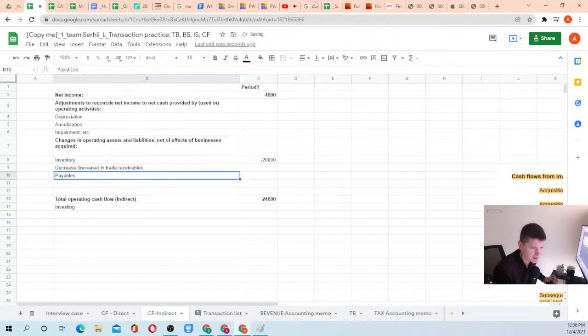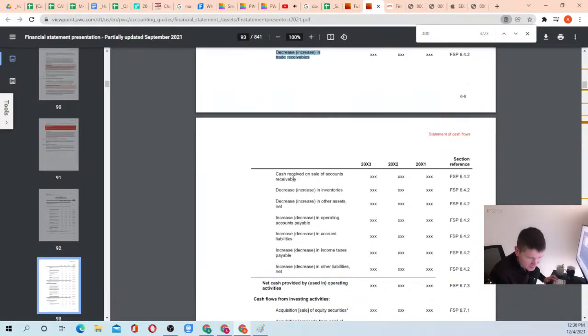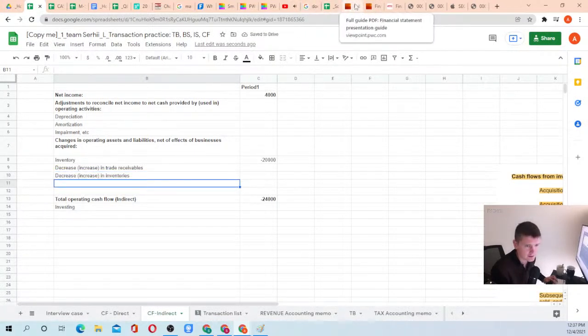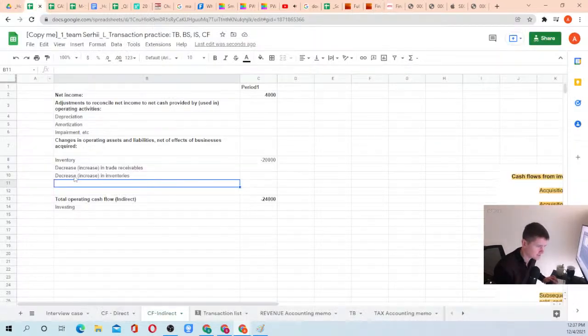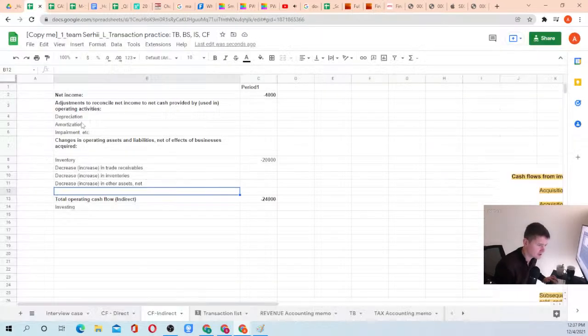Cash received on sale. Okay, we do not sell accounts receivable. Decrease, increase in inventories. Decrease, increase in other. Okay, let's take this one. Let's take other assets as well. What else we might have here? Decrease, increase in operating accounts payable.